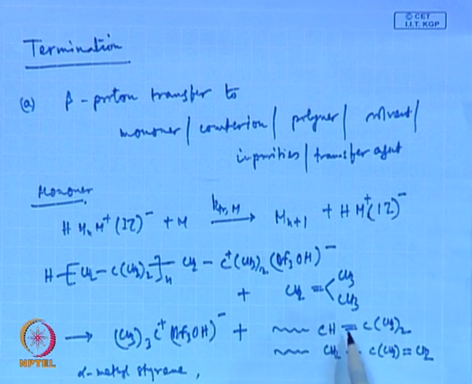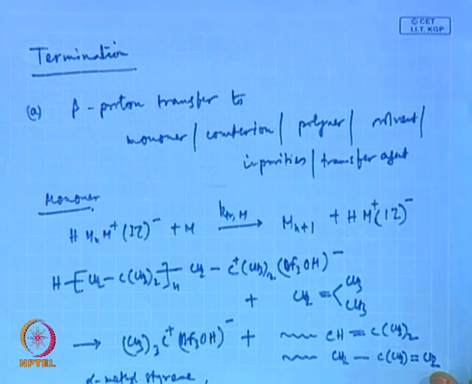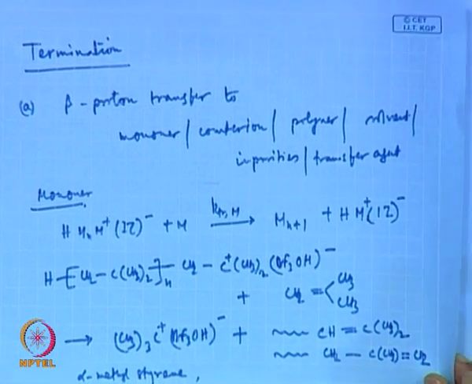And as I said, there could be two possible double bonds in case of monomers like isobutylene and alpha methyl styrene, but for monomers like styrene, only one double bond is possible, because in case of styrene you have only one possibility of beta transfer.